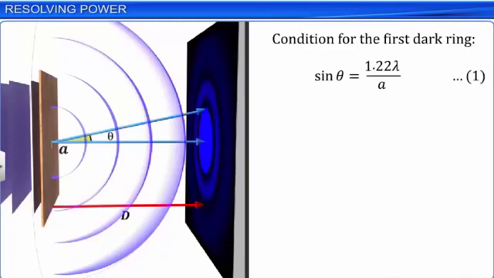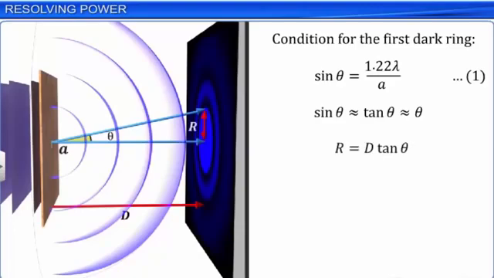For small angles of theta, we know that both sin theta and tan theta are approximately equal to theta. Since the screen is at a distance d from the aperture, where d is much greater than A, the radius of the first dark ring r is equal to d tan theta.